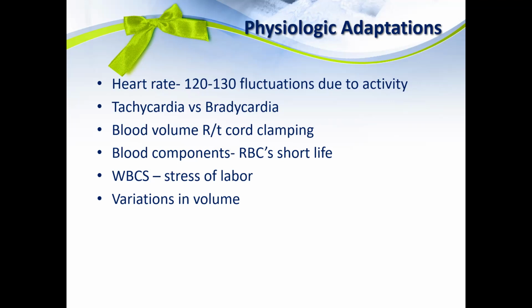When does mom transfer the iron to the baby? Last trimester. Okay, so this is why babies that are born what have a problem with their iron storage? Premature. Premature, because they don't always get that full transfer of certain things.